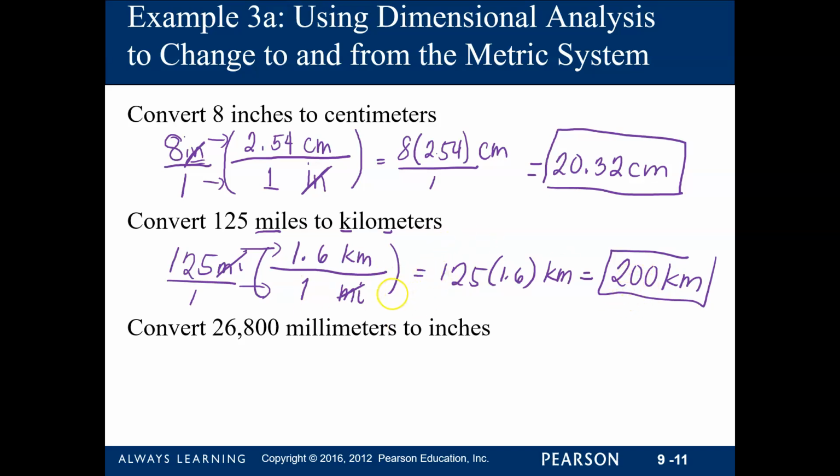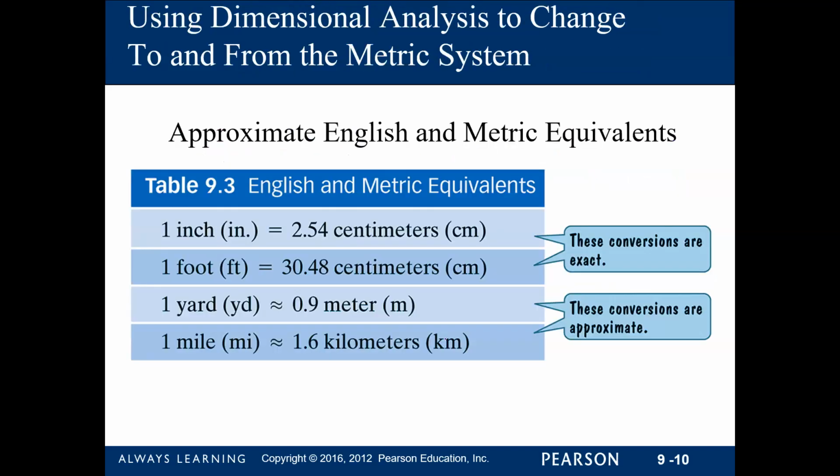Last part here. We are trying to convert 26,800 millimeters, mm, to inches. If you take a look at our conversion table, we have inches to centimeters. We do not see any conversion with inches to millimeters.